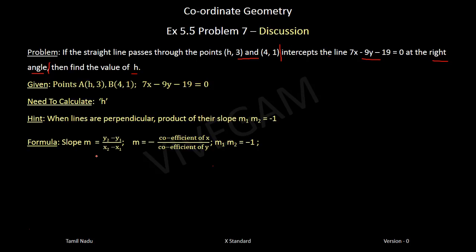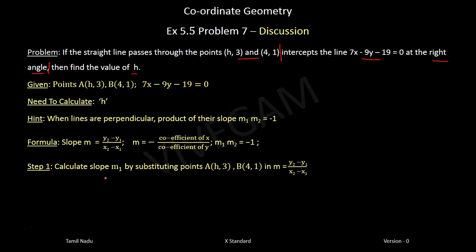The slope when you have two points is given by the two-point form, y2 minus y1 divided by x2 minus x1, and the slope when the equation is given in the standard form ax plus by plus c equal to 0 is minus coefficient of x divided by coefficient of y, and m1 m2 equals minus 1.